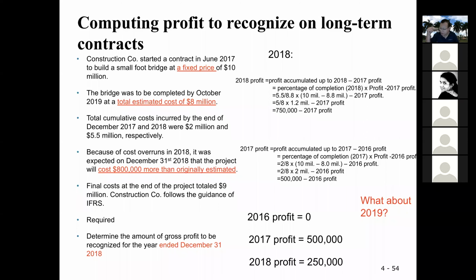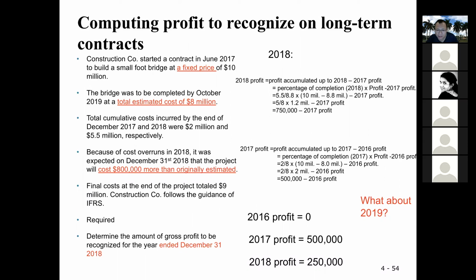Yes. All right, so now this, because when you were showing us the slides before, there was a part where you said that you cannot recognize profit until the end of the contract, until you've completed the contract. So this example, which one in particular is this?